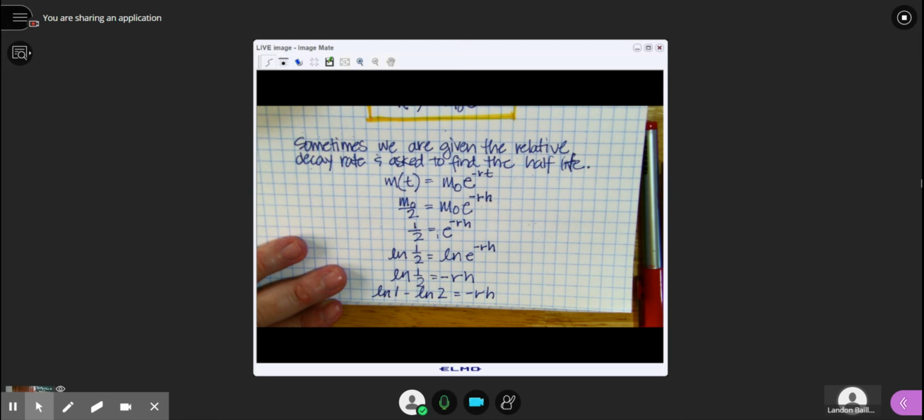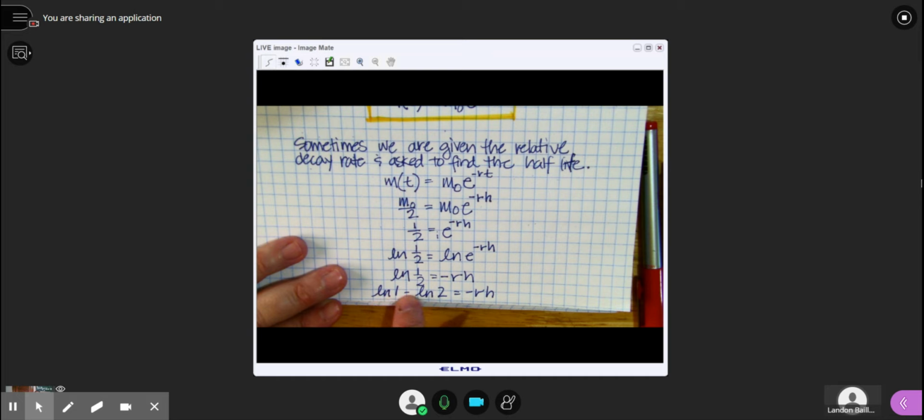So I'd have an ln1 minus an ln2 is equal to a negative r times h. Now, what's ln1? Nope, no 10 here. This is a natural log. That's the e. ln1 is 0.